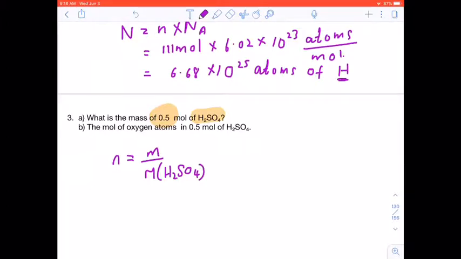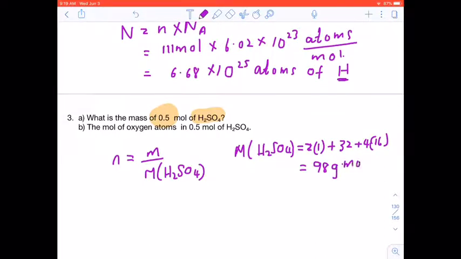But what is the molar mass of H2SO4? We know that the mass of H2SO4 is equal to 2 times hydrogen plus sulfur is 32 plus 4 times 16, and that gives us 98 grams per mole.